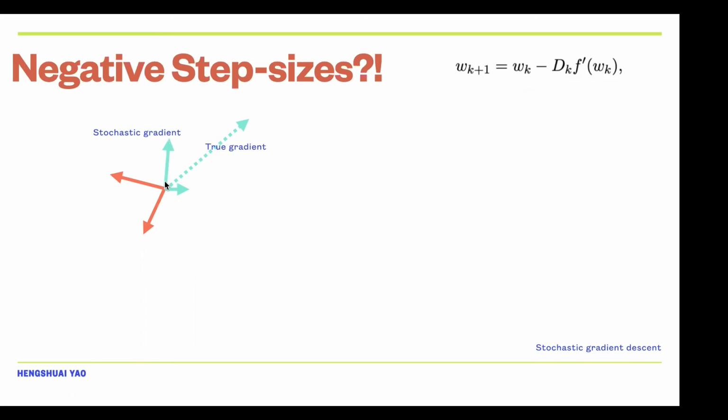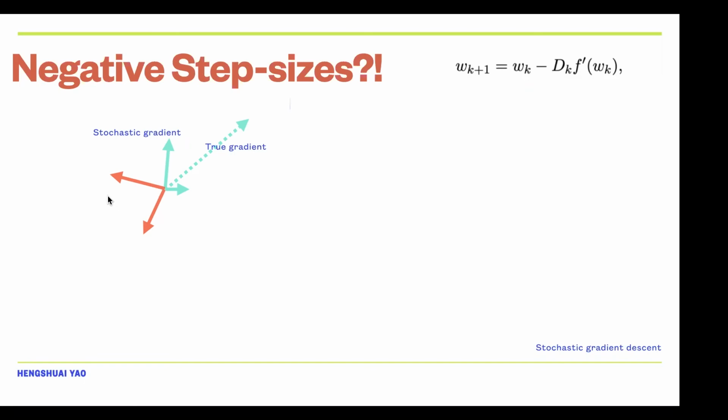So performing gradient descent using positive step size appears to go along this way, which means that's gradient ascent, right? We made a mistake when the gradient sample is bad.